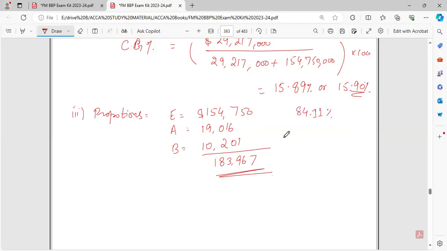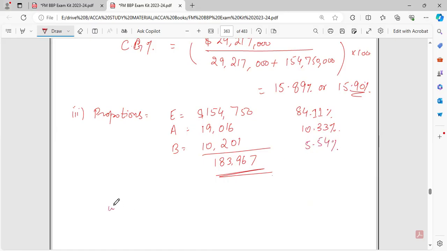Next one is 19,016 divided by 183,967, 10.33%. Third one is 10,201 divided by 183,967. It is 5.54%.